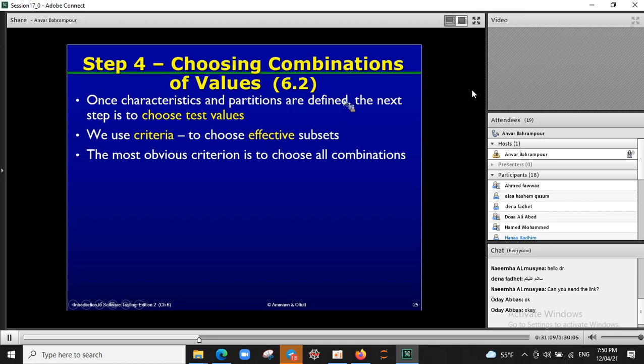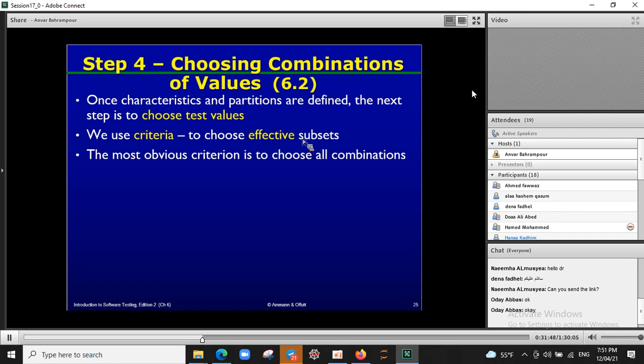As you see, this slide says that once characteristics and partitions are defined, the next step is to choose test values. We should choose test values from our partitions or our blocks. But how to choose them? How many tests should be done?